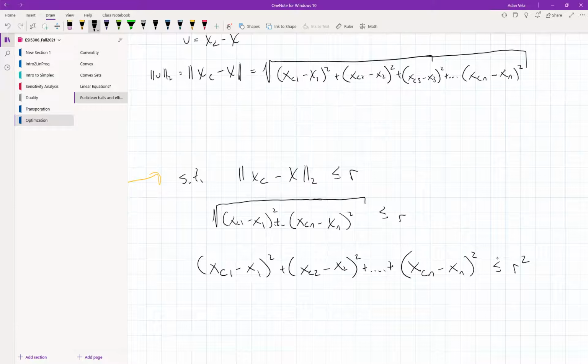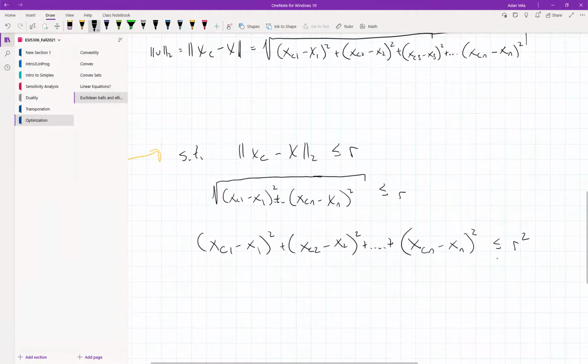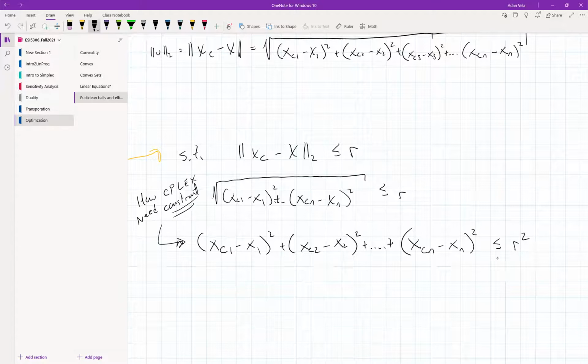Okay. And this actually makes life a lot easier for us. So a lot of times, and we'll see why in Cplex, the way you write it here is actually how Cplex would take it. Right. This is called a quadratic constraint.